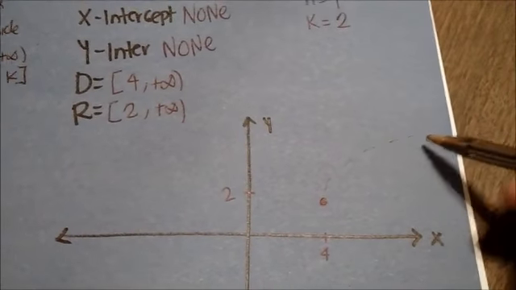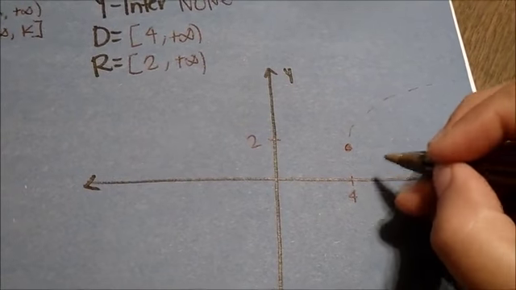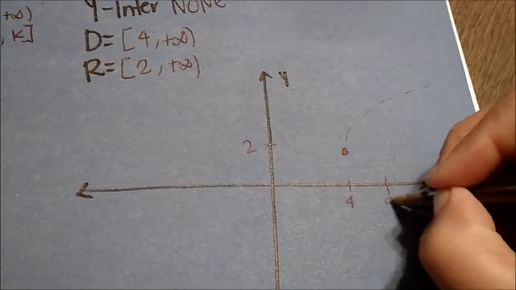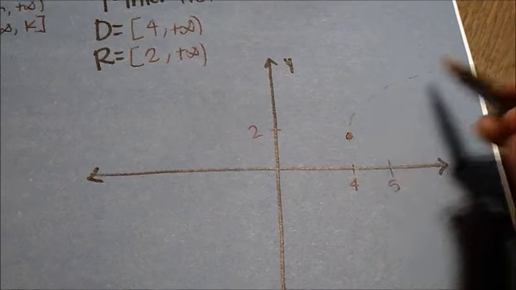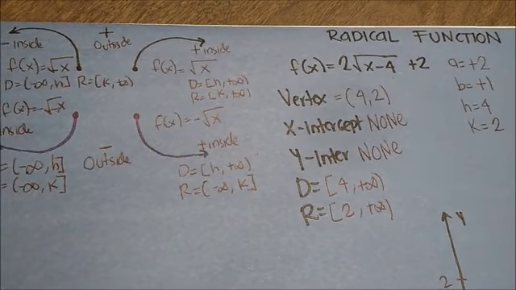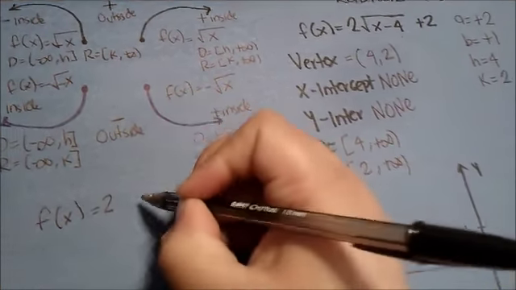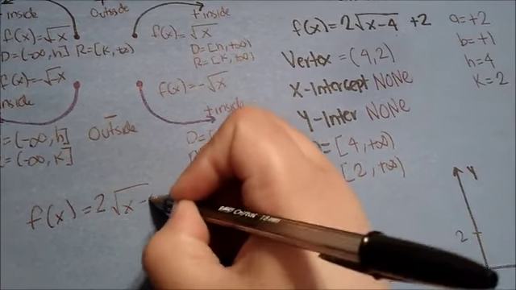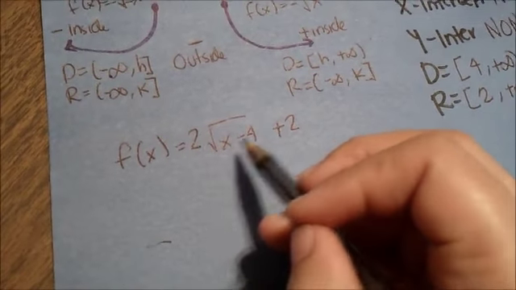So how do we graph it at the end? We only have our vertex. So we need to find values bigger than 4 in order to find out where they are. My function is 2 radical of x minus 4 plus 2. So I need numbers bigger than 4.